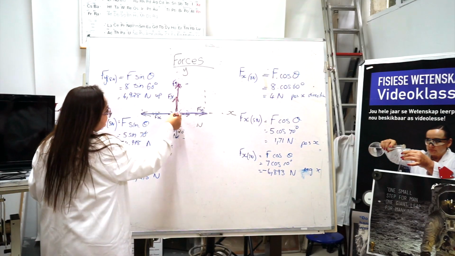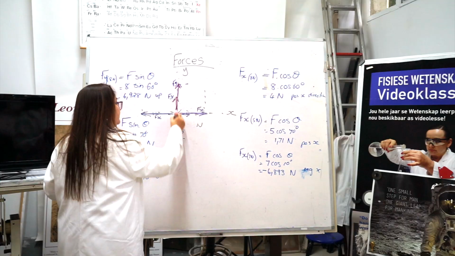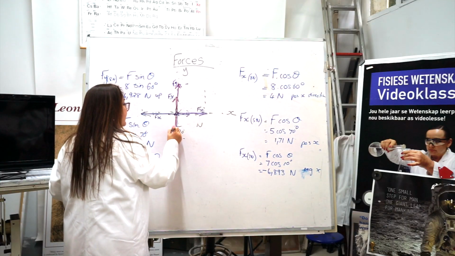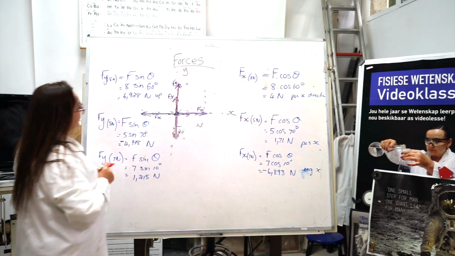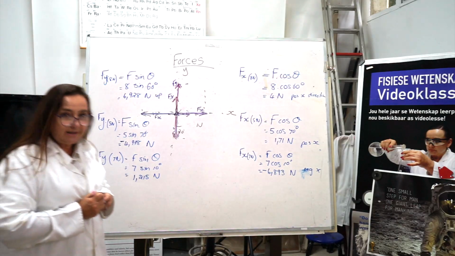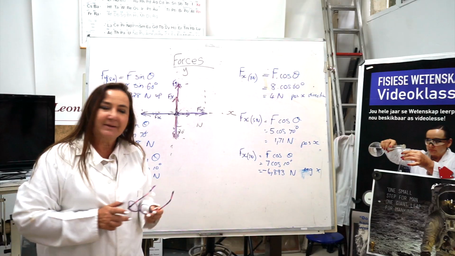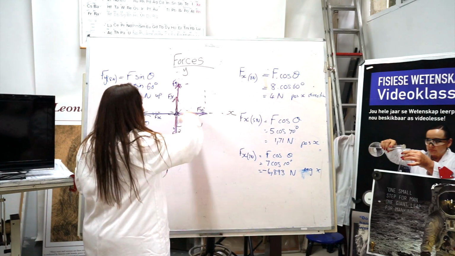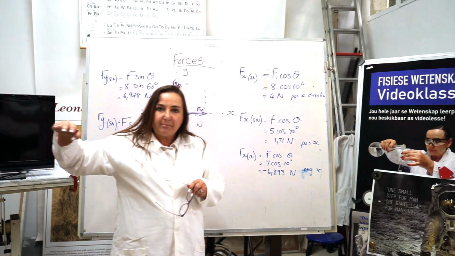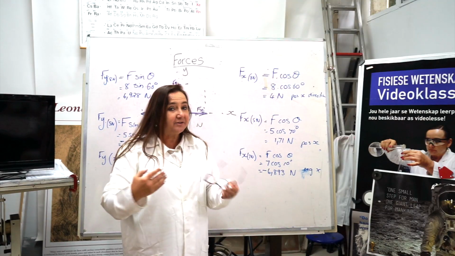And we had this one going down, so there was a component on the y plane going down like that. And what we now see immediately is that now I can add them. The moment I've got vectors working on the same plane, I can either add or subtract.